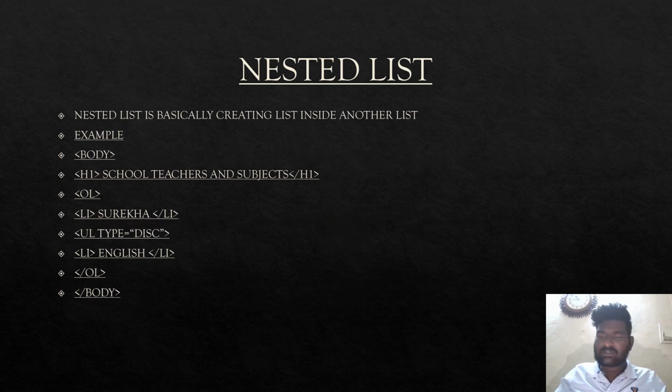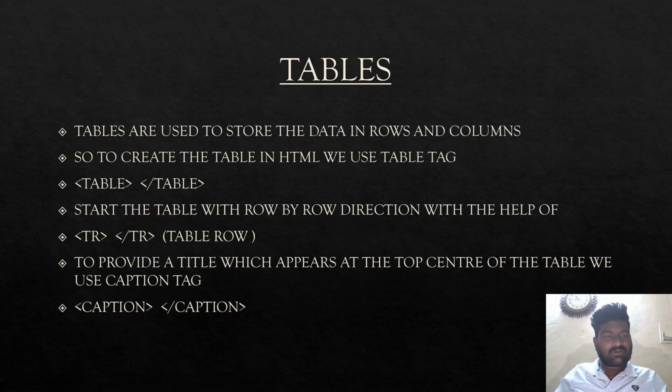Nested list means one list inside another list, so don't worry about this. HTML is very easy, so examples are given also. Tables are used to store data in rows and columns.